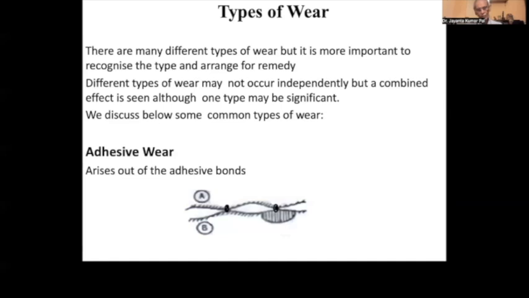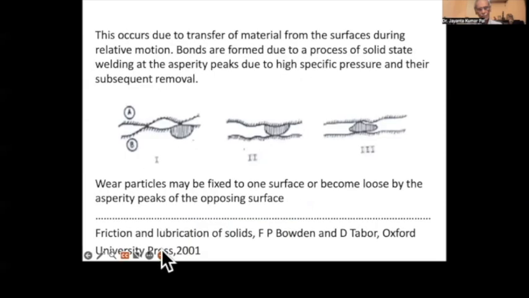That means a part of the chunk of the material will be adhered to the harder one, and that will be knocked off by the oncoming asperity next. This is the sequence. First, a small piece of material is stuck to the top surface, and then as this moves, it is broken away by the oncoming asperity, and it becomes a debris.